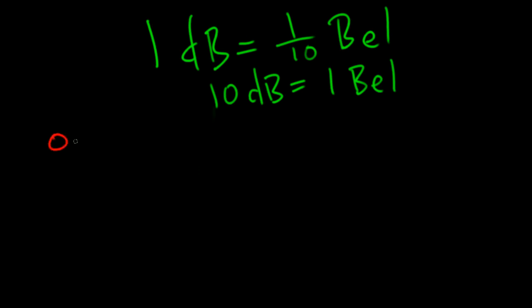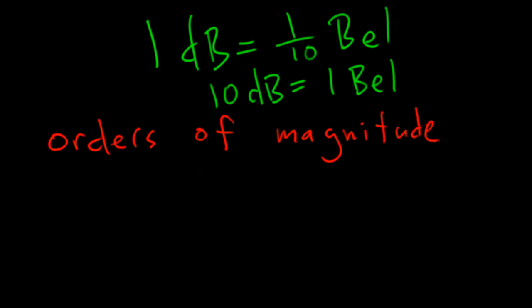A bell is a description of the number of orders of magnitude, or powers of 10, of a ratio. So if a ratio is 10 to 1, that's 1 order of magnitude, so it's 1 bell. If a ratio is 100 to 1, that's 2 orders of magnitude, or 2 bells.